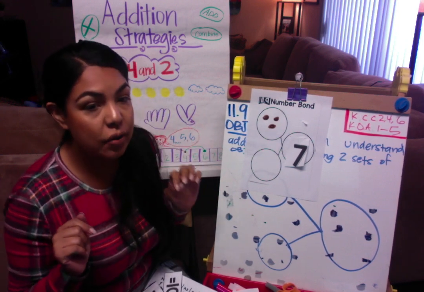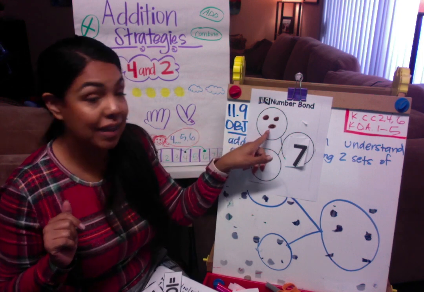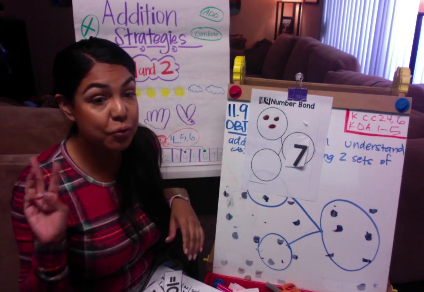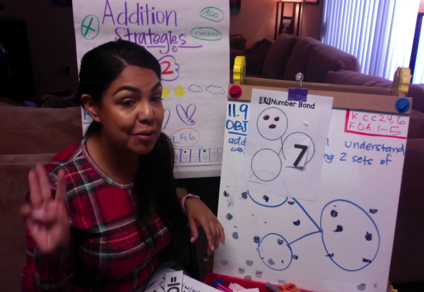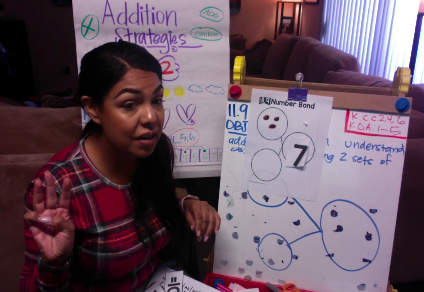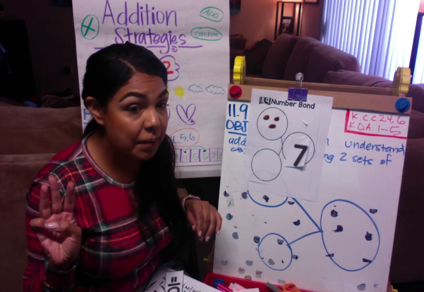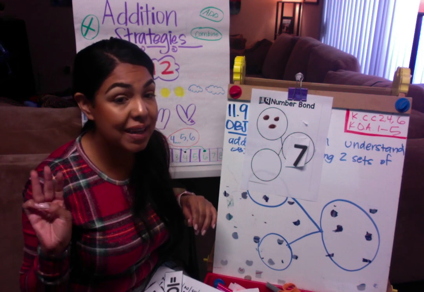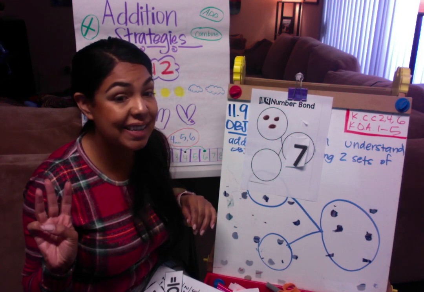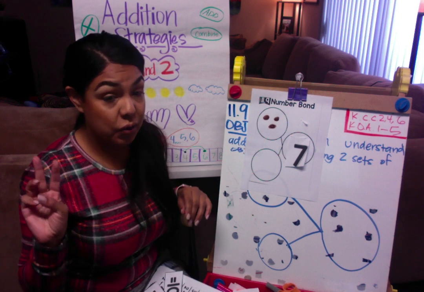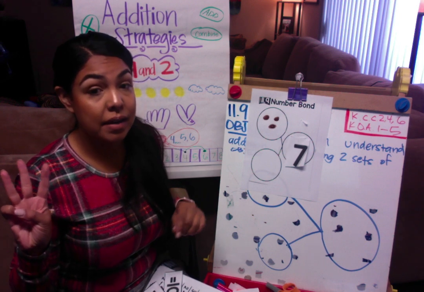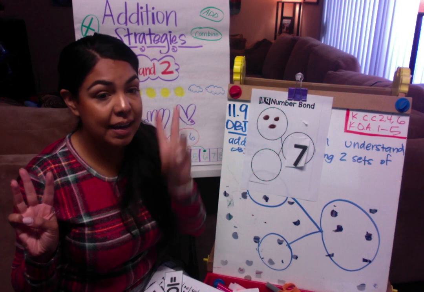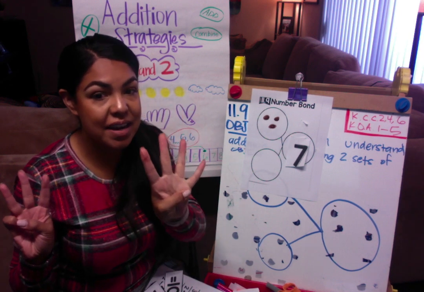Okay, so now remember I have 3 dots right here because I already know that I have 3 what color? Brown cats. Good. So if I already know I have 3, I'm going to use my fingers to help me get to number 7. Okay? So I have 3. Okay? 4, 5, 6, 7.